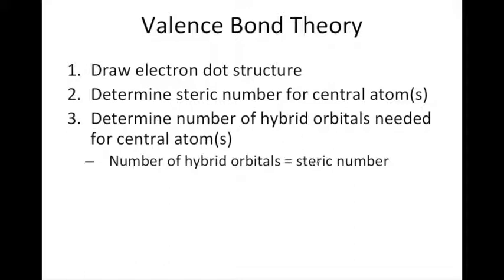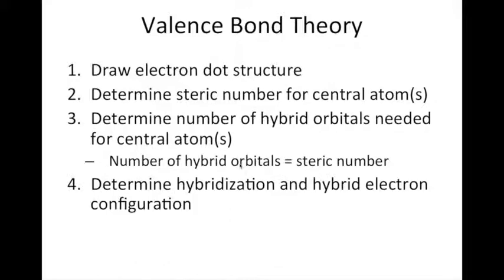So if you have a steric number of 4, you'll need 4 hybrid orbitals. If you have a steric number of 3, you'll require 3 hybrid orbitals for that atom. Next, determine the hybridization and the hybrid electron configuration. Remember, the table we just looked at allowed us to figure out what type of hybridization we have by looking at the number of electron domains, or the steric number.